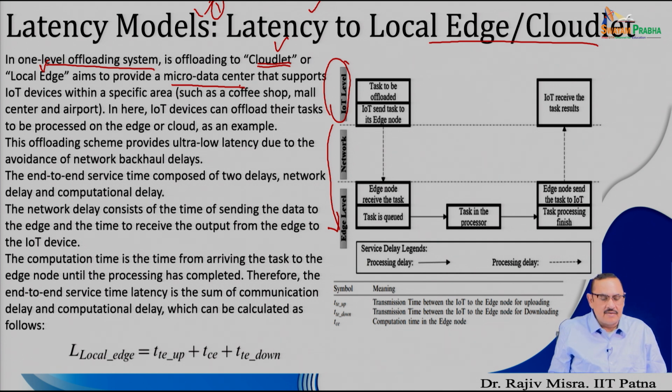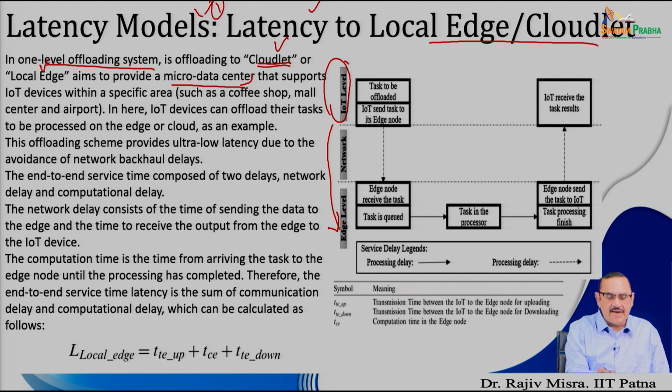So, micro data centers are very close to the IoT devices. So, if one level offloading is done at the cloudlet or the local edge, which is nothing but the micro data center, then this offloading can reduce the computational and communication delay to a minimum level, if it is acceptable to the application requirements.